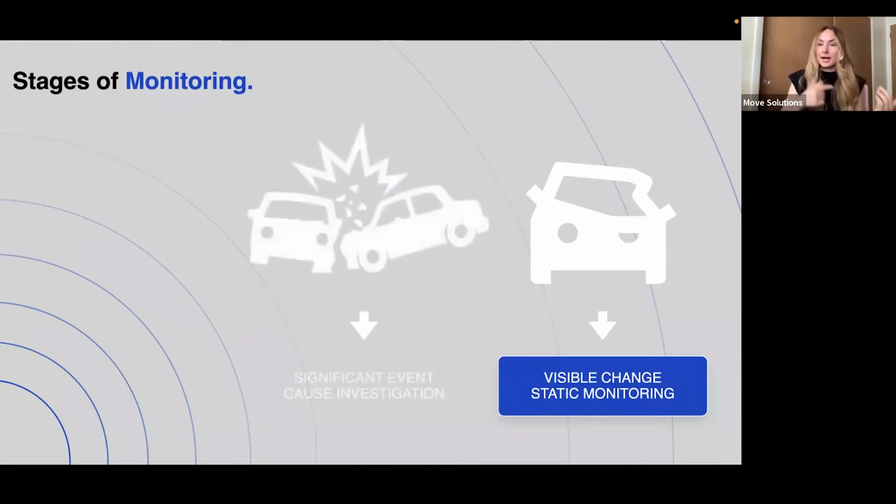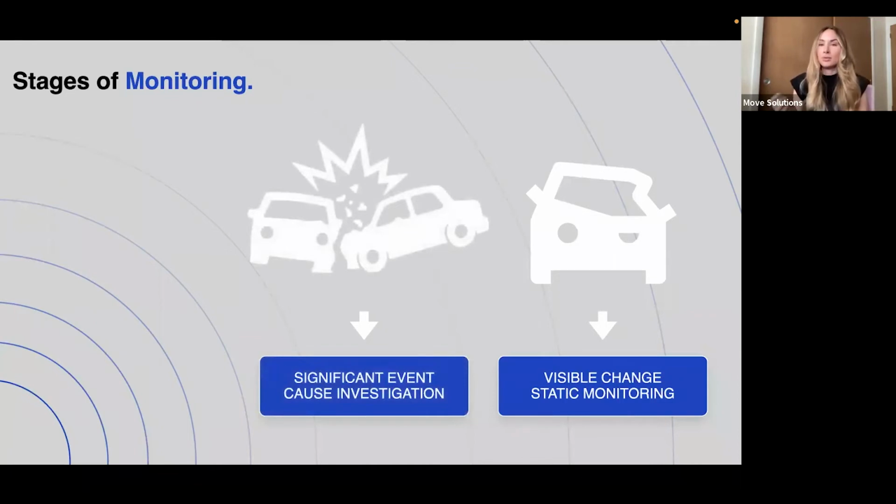But then you have to work backwards. You have to understand what caused the change in the structure, or in this case, the car. Did something hit you, did you hit something, what caused this change in the car? So you find the problem, and then you work backwards with an investigation to find out what caused that problem.